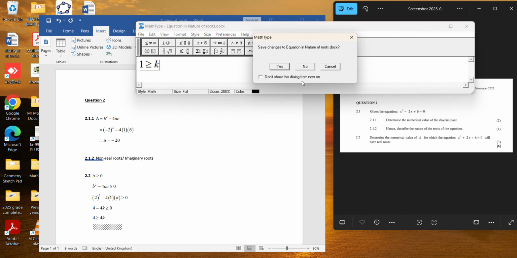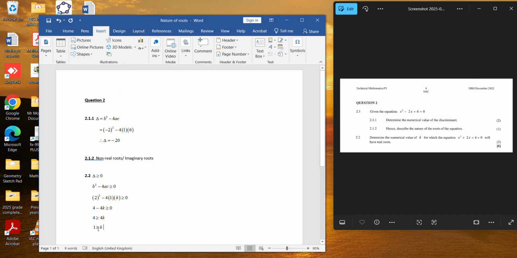In this case, k must be less than or equal to positive 1. Those are the values of k that are going to give us the roots that are real. K must be less than or equal to 1.